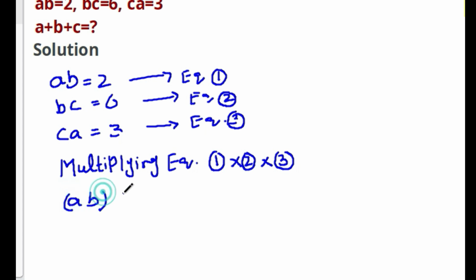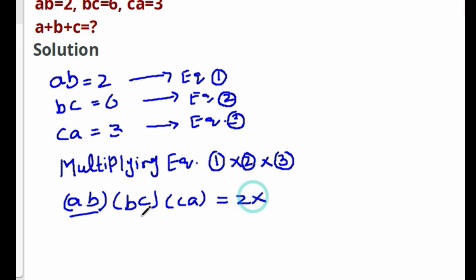Left hand sides will be multiplied by left hand sides and right hand sides will be multiplied by right hand sides. AB into BC into CA. What is the value of AB? Given that 2 into value of BC, 6 into value of CA, 3.